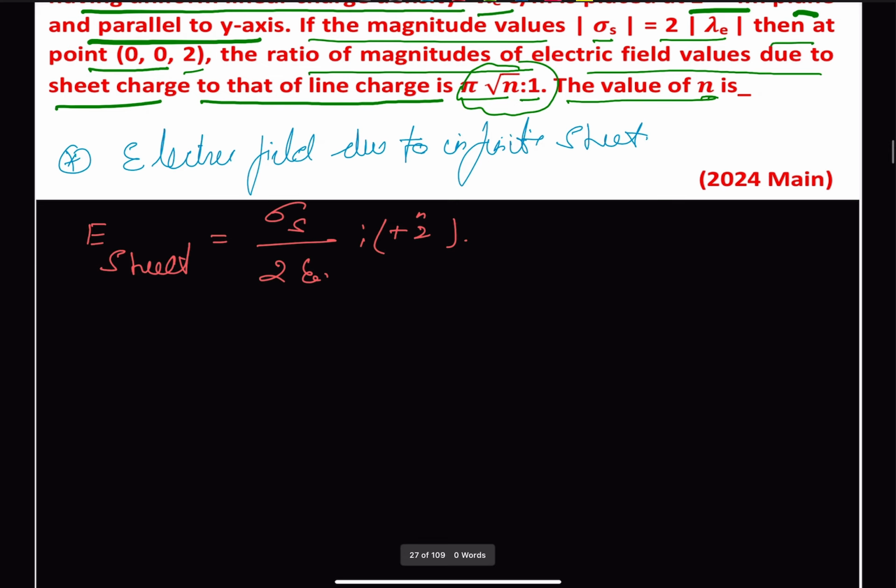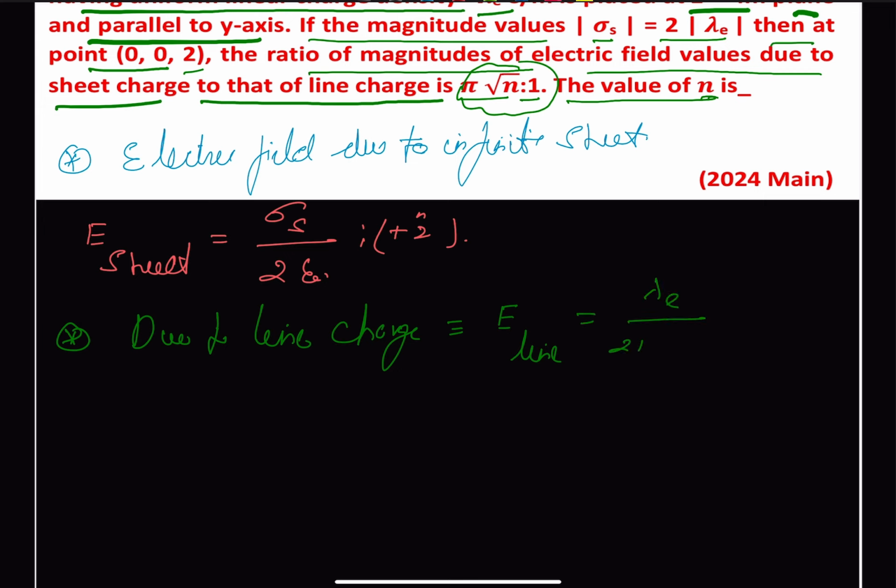Okay. And next is due to line charge, so we can say our electric field due to line is equal to lambda e upon 2 pi epsilon naught multiplied by r.